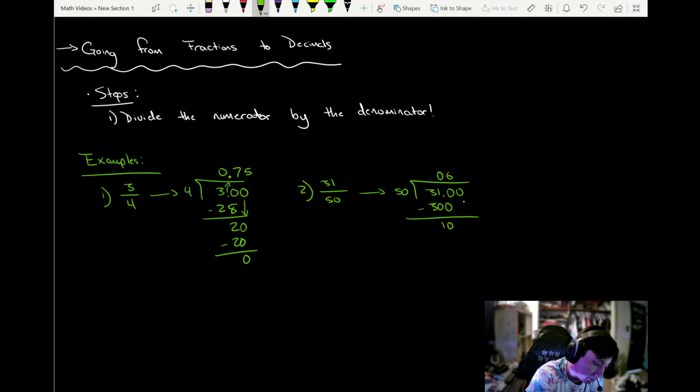And just like we did with the 3, we add another 0 and bring it down. Then how many times does 50 go into 100? Just twice. So 50 times 2 is 100. Subtract, and we're done. We bring the decimal point straight up. And so we say that 31 over 50 as a decimal is 0.62. And then you guys are going to try 2 quick examples, and that'll be it.